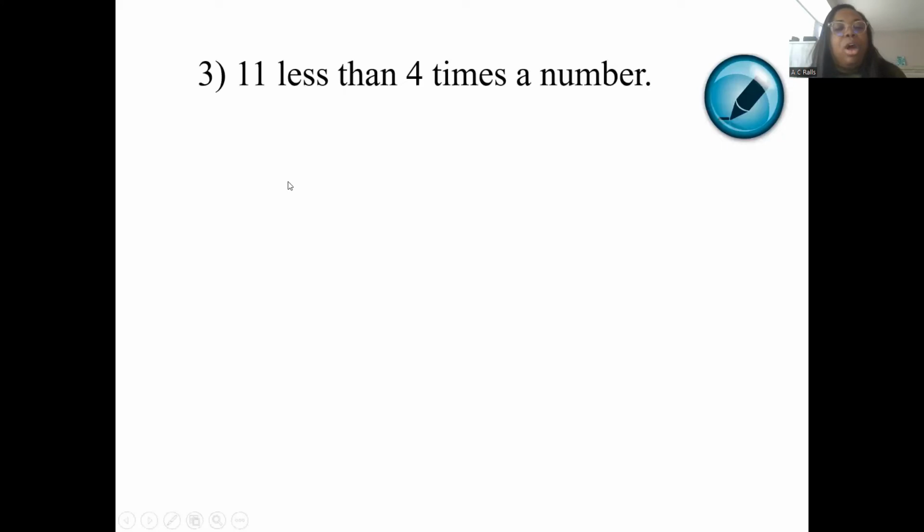Number 3 says 11 less than 4 times a number. Before we even get to this one, I want to give you a little caveat. There are some things that we call turnaround words. This is one of the songs that I usually play for my students.